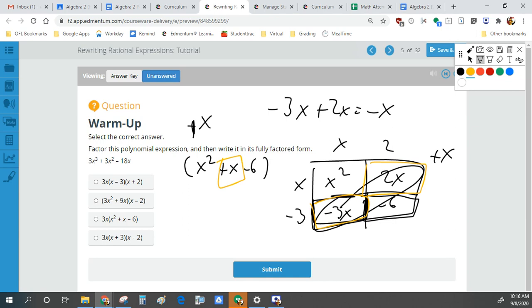Does that make a little more sense? So that's how come we use the box method. That was a really good question. Thank you for asking that. Yeah, it's true, we could do negative 3 and positive 2, but it won't add up. These 2 middle boxes don't add up to our middle number right here.